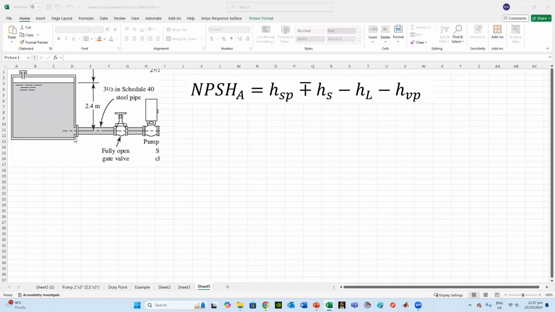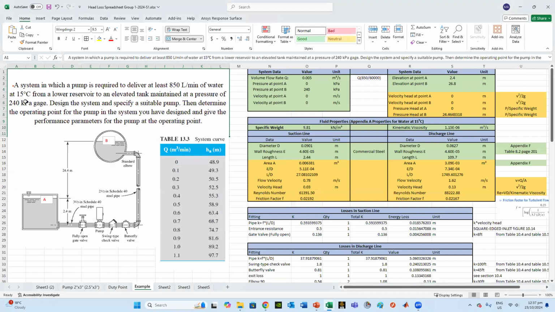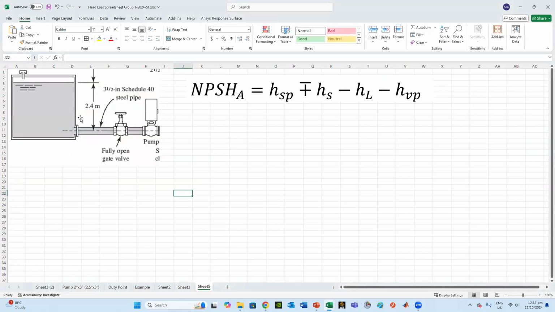Basically, you have the following: the available head equation, HSP plus or minus HS, minus HL, and H vapor. We know from the problem itself that the temperature is 15 degrees. And we know as well that the pump is below the surface of the tank. So all this information will help us.